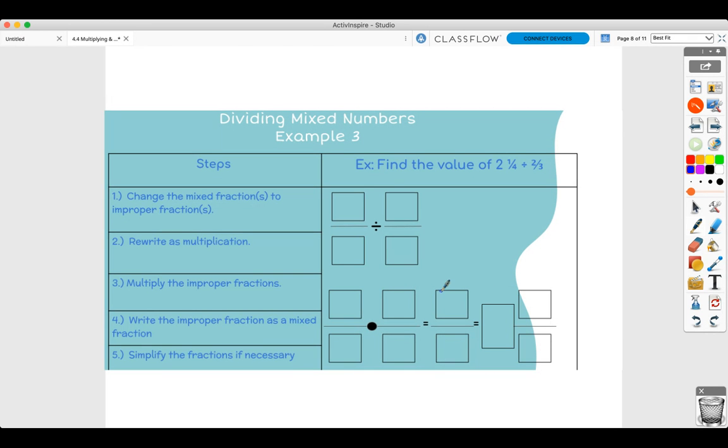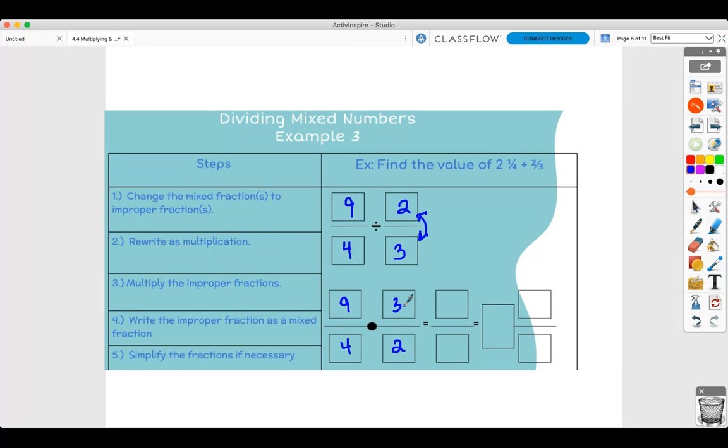Let's do one more practice problem. Maybe you want to pause the video and try it on your own to see if you get the same answer as me. So 2 times 4 is 8, plus 1 is 9 over 4. And then the second is a fraction, so you can just write it as 2/3. So you rewrite the first fraction the same, change to multiplying, and take the reciprocal of the second fraction as 3 over 2. 3 and 4 don't have a common factor, neither do 9 and 2.